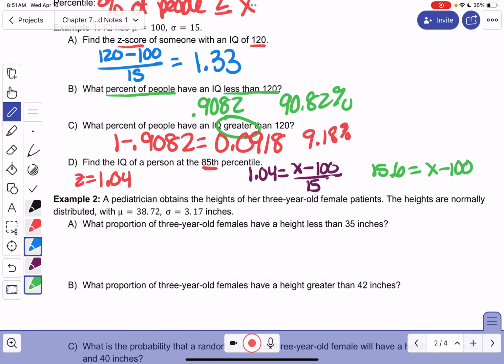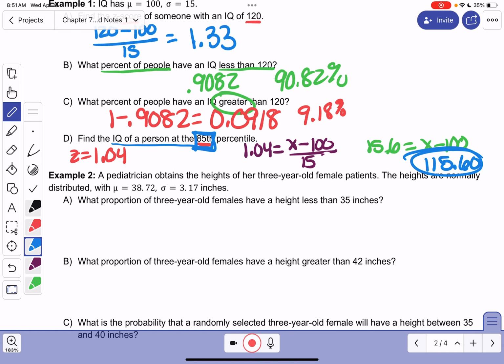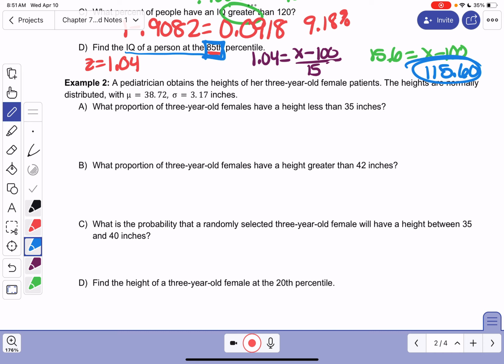And then we add 100 to both sides, and we get 115.6. So the IQ of the person at the 85th percentile is 115.6, meaning 85% of people have an IQ less than that. So you try example 2.